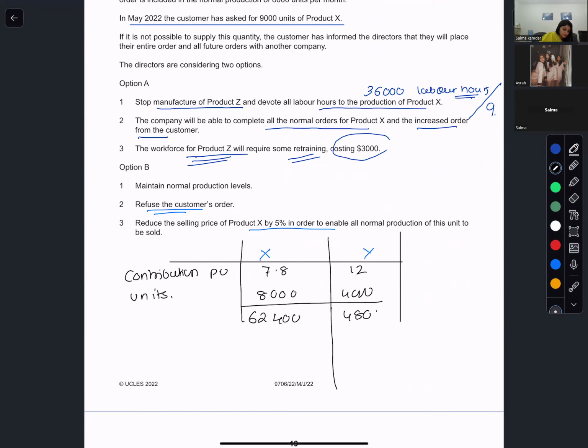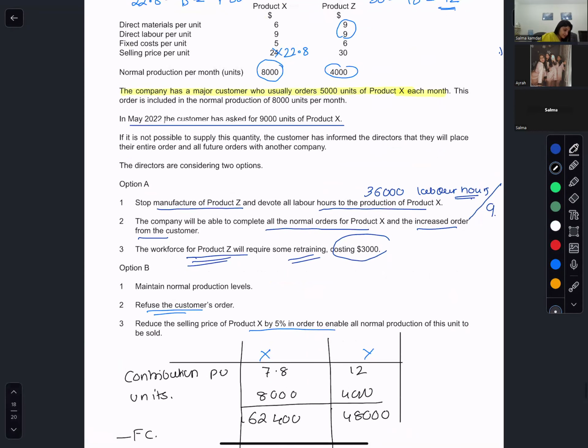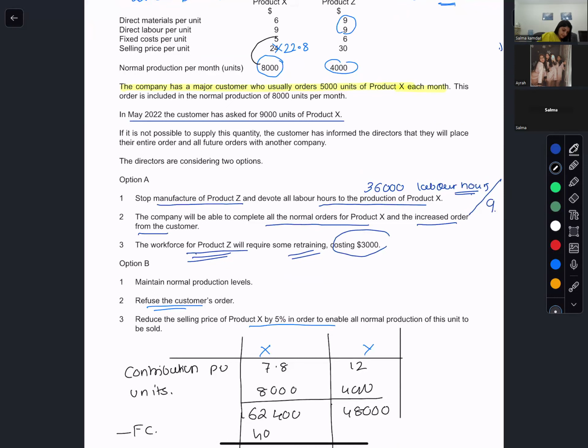Total contribution, minus fixed costs. Fixed cost is 40,000, and 6 into 4, 24,000.